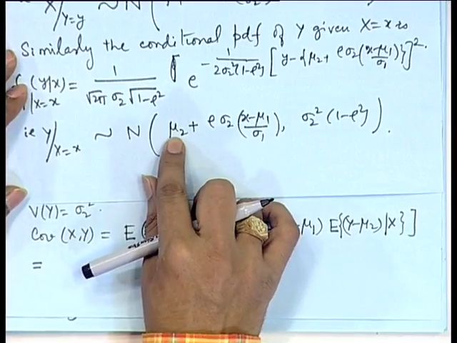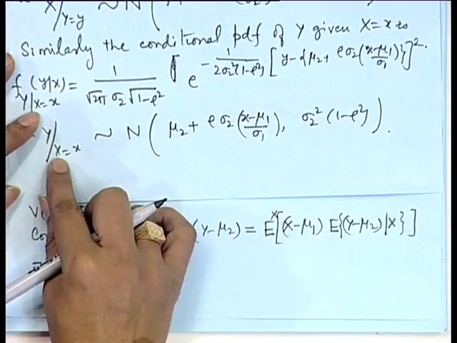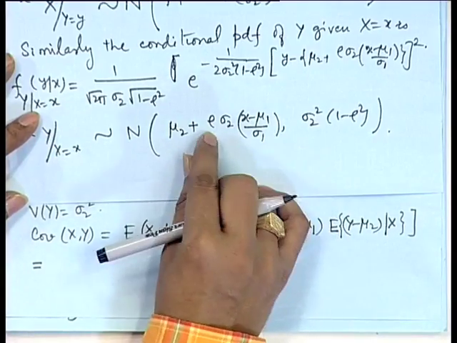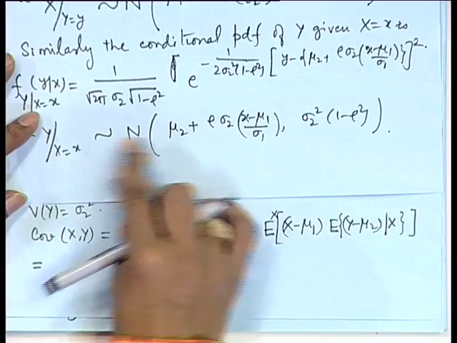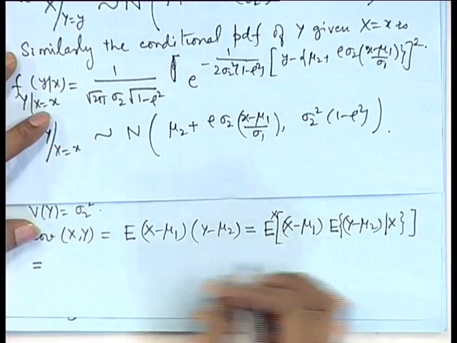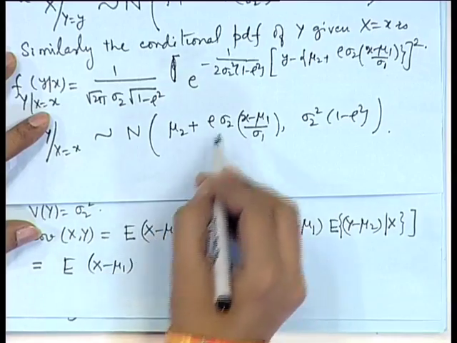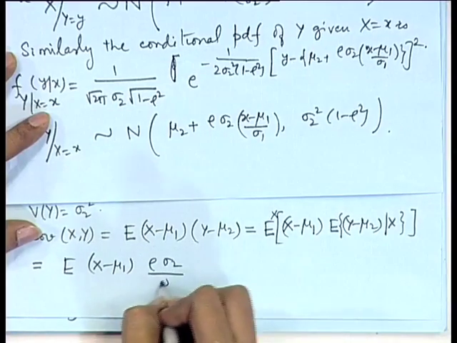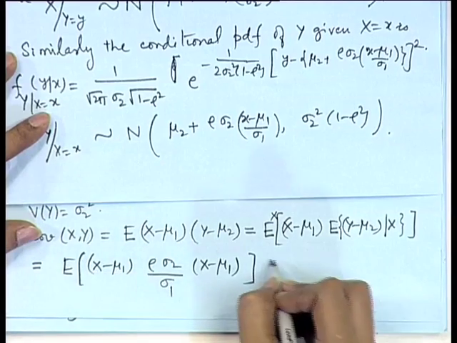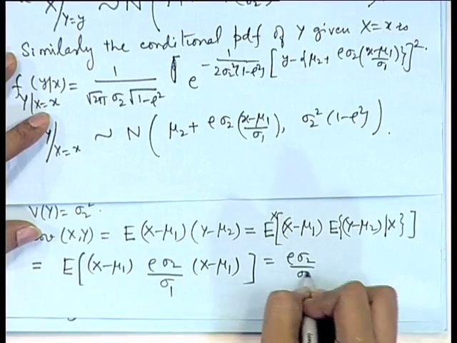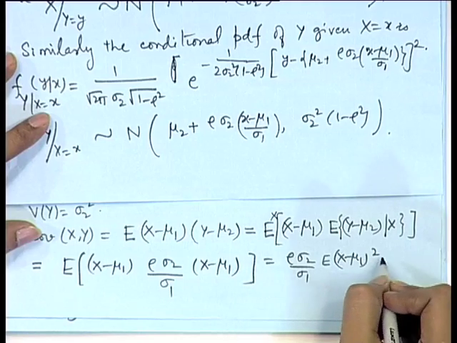and the mean was mu 2 plus certain term. So, expectation of y given x will be mu 2 plus rho sigma 2 into x minus mu 1 by sigma 1. Therefore, expectation of y minus mu 2 given x will be equal to rho sigma 2 by sigma 1 into x minus mu 1, which is nothing but rho sigma 2 by sigma 1 expectation of x minus mu 1 square, which is sigma 1 square.